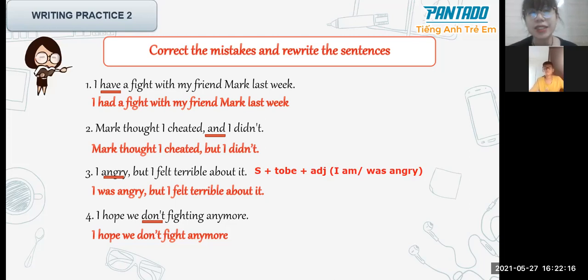Okay, so is the exercise difficult or easy? I think it's okay, but you can do most of the sentences.